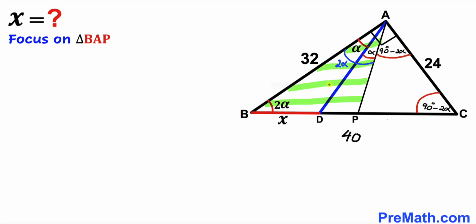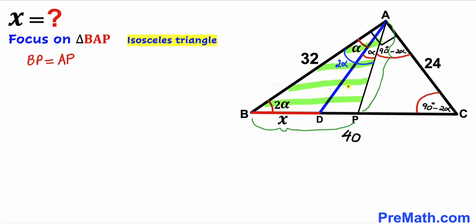And now let's focus once again on this triangle BAP. We can see that this angle is 2 alpha and this angle is 2 alpha as well. So we can see that this BAP is an isosceles triangle. So we conclude that this side length BP is going to be equal to this side length AP, as you can see in this equation.